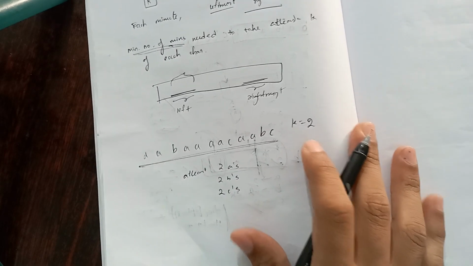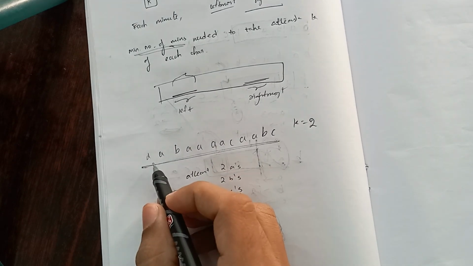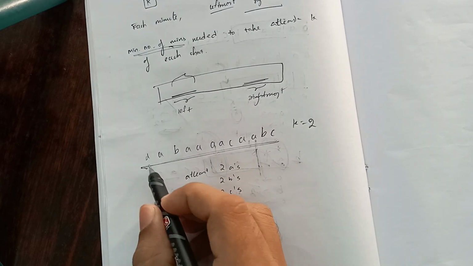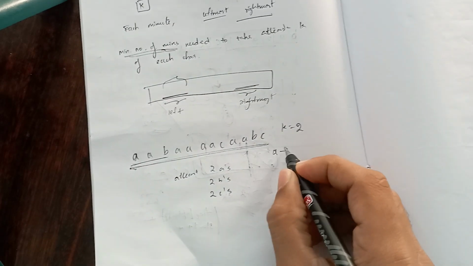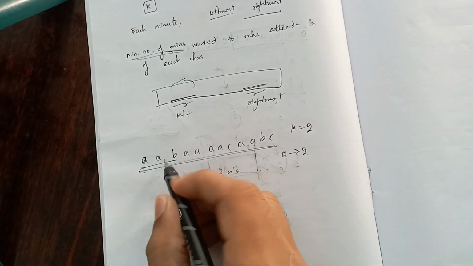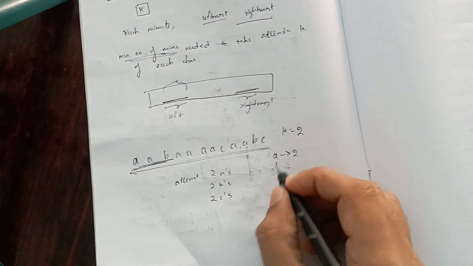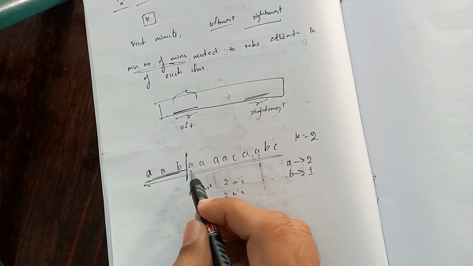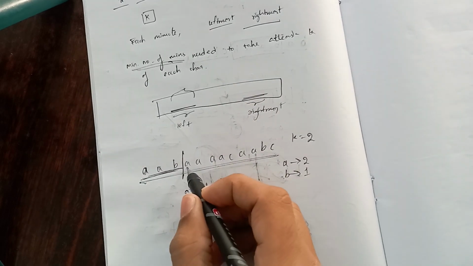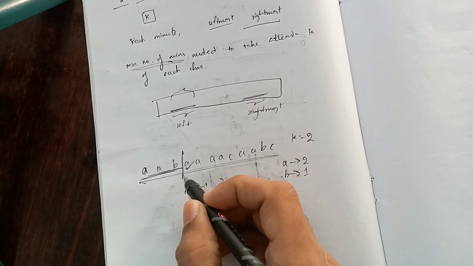So let us consider the first three characters from the left. Here we got A for 2 times and B for 1 time. So stop here. As we got A for 2 times, we don't need another A.